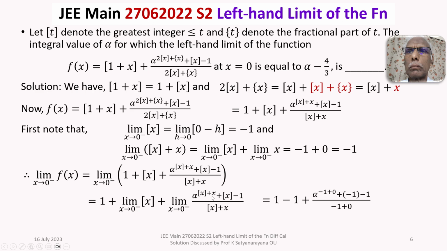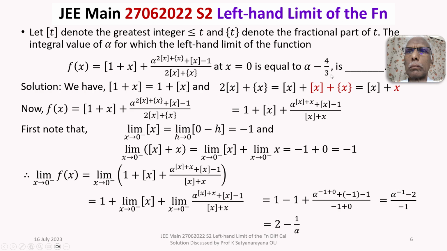The limit of the quotient is equal to the quotient of their limits, and that will be equal to alpha to the power of the limit as x tends to 0 minus of bracket x plus x, which is minus 1 plus 0, minus 1 we have written, and bracket x is minus 1, divided by bracket x plus x in the denominator, minus 1 plus 0. Now 1 minus 1 cancels, and this will be equal to alpha to the power of minus 1, minus 2 by minus 1. That is 2 minus alpha inverse, that is 1 by alpha.